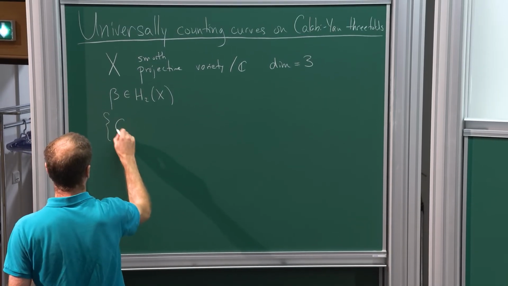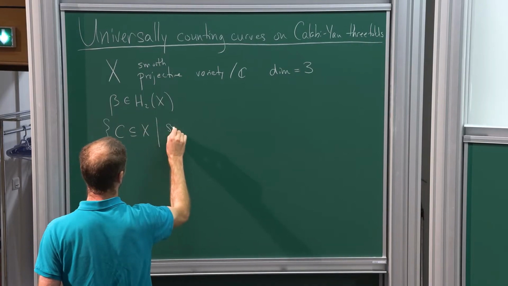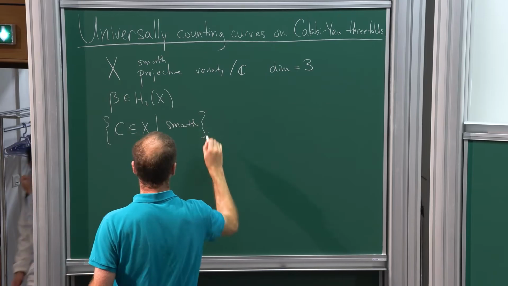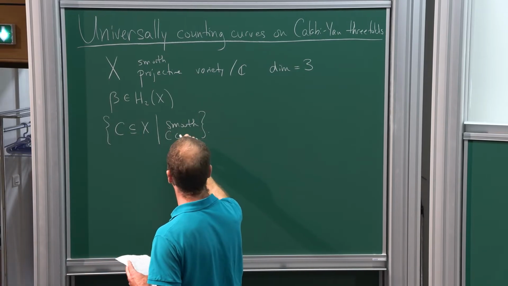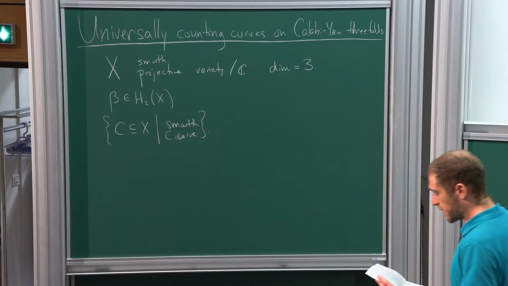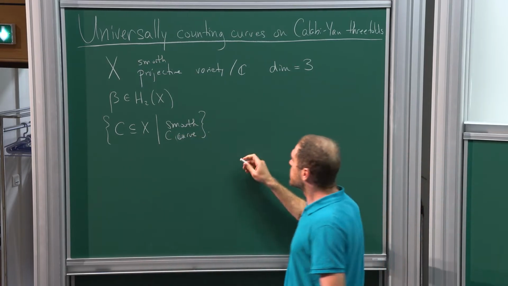So the first thing we might try to consider is just all smooth curves inside X. Now this is a very nice space.